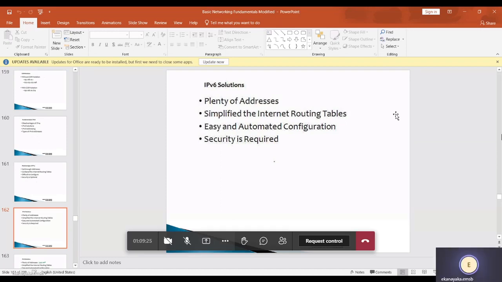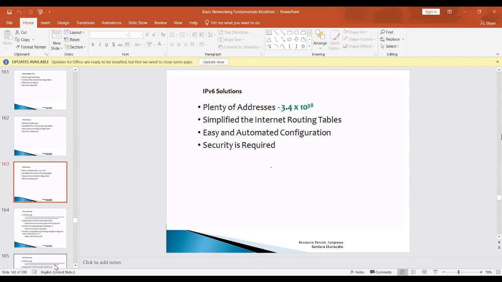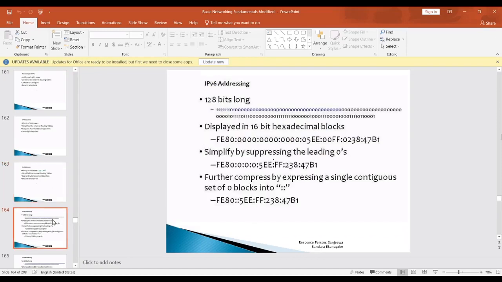I have a question to ask. This is plenty of addresses, right? 3.4 × 10^38, because it is a 128-bit address, so it has a large address space. You can see how many bits there are: a 128-bit long address, displayed in 16-bit hexadecimal blocks, right?